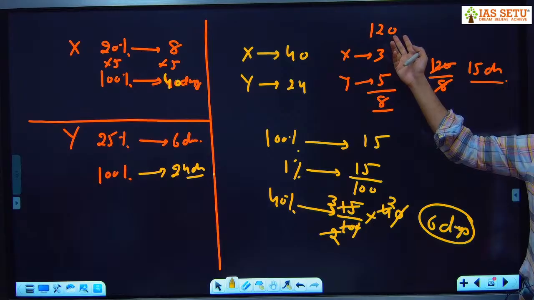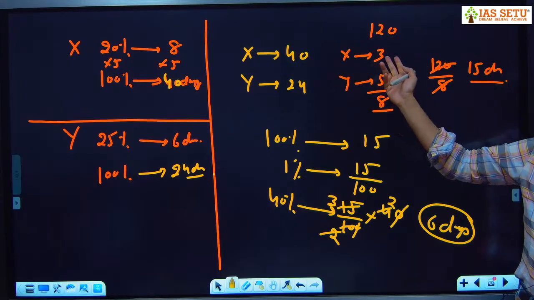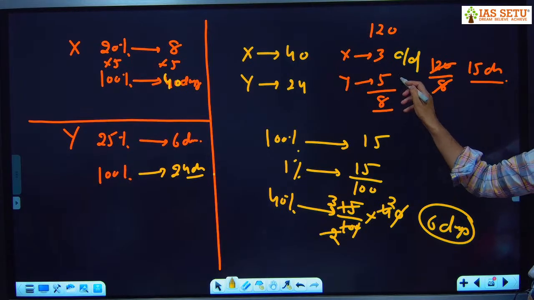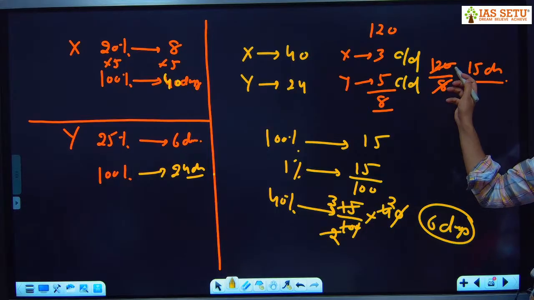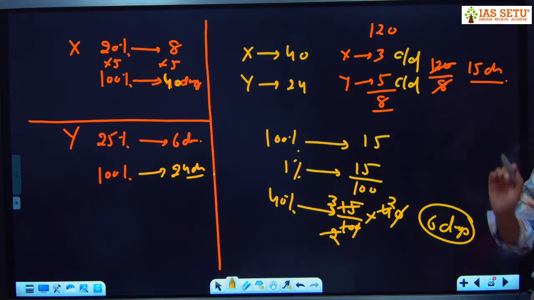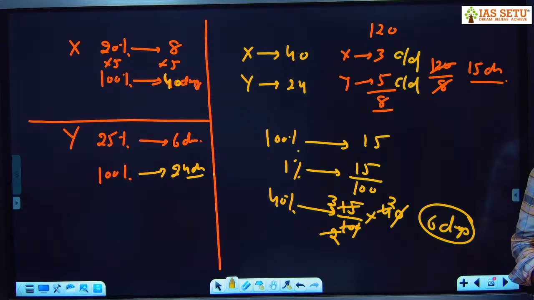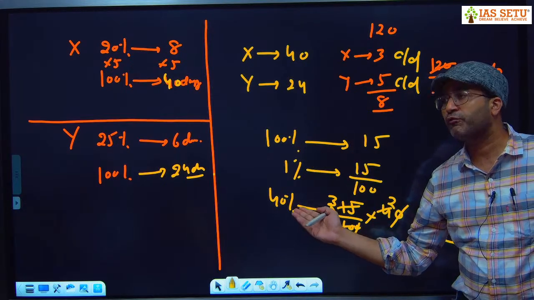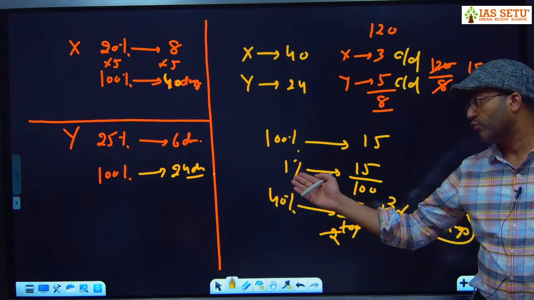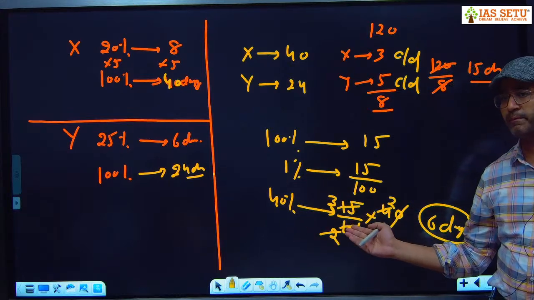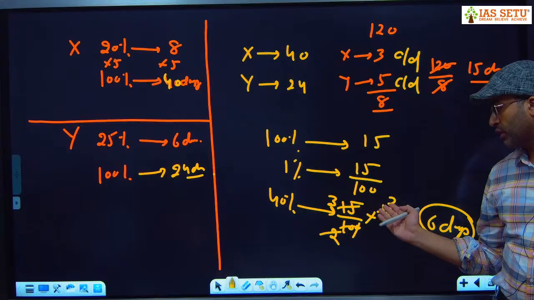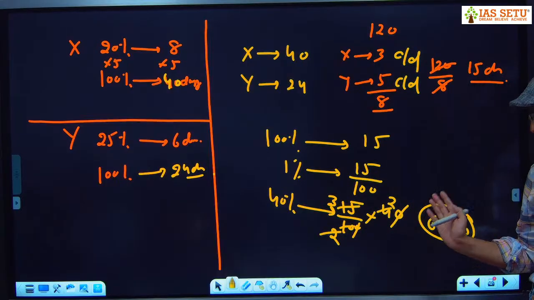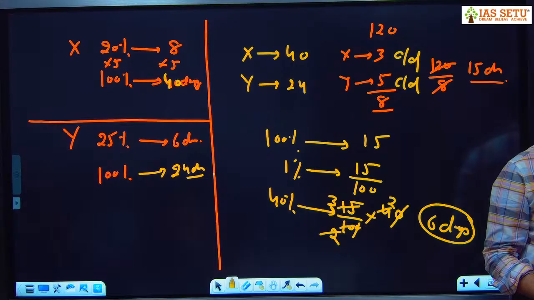We take total work 120 chairs, X 3 chairs per day, Y 5 chairs per day, together 8 chairs, 120 upon 8, 15 days. So 100% work they take 15 days. They ask for 40% of the work. 15 upon 100 into 40, you simplify, you get the answer 6 days.